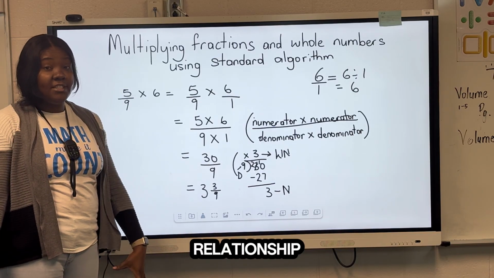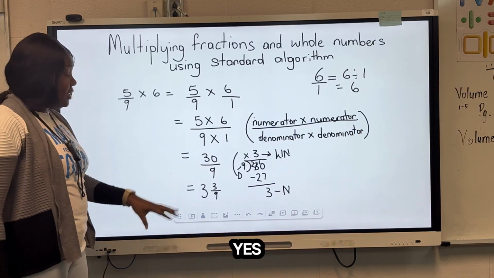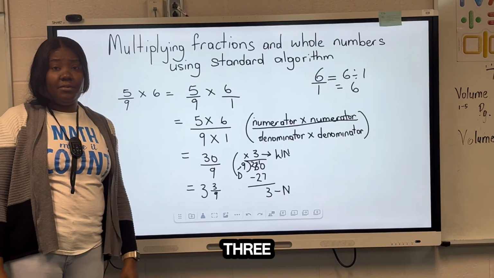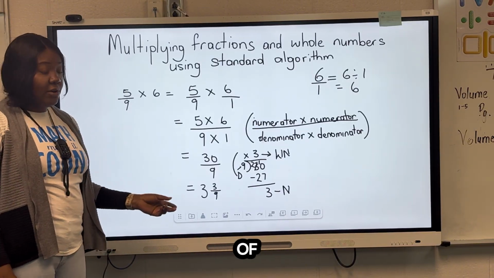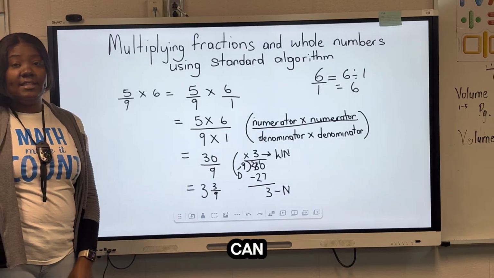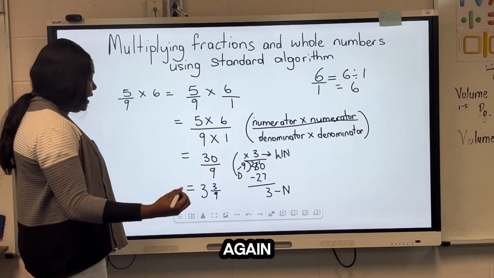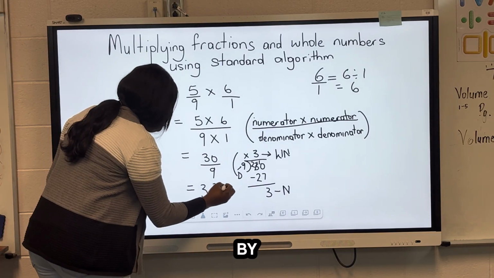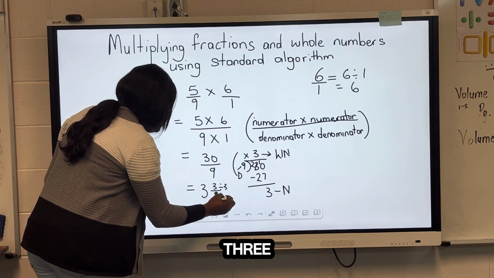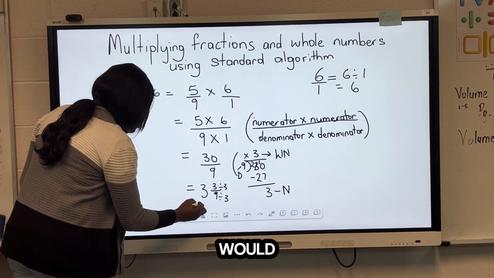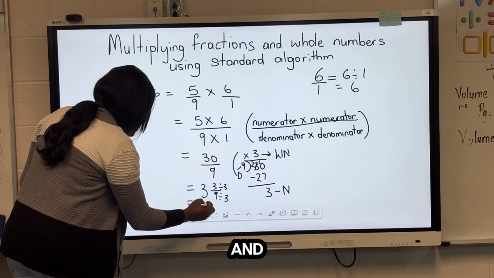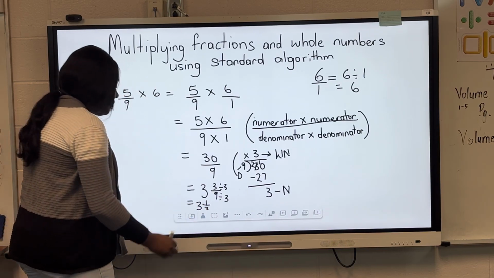Is there any relationship that exists? Yes. 9 is a multiple of 3 and 3 is a factor of 9, which means I can simplify 3/9 again. So I'm going to divide by 3, divide by 3. My answer would be 3 wholes and 1 third.